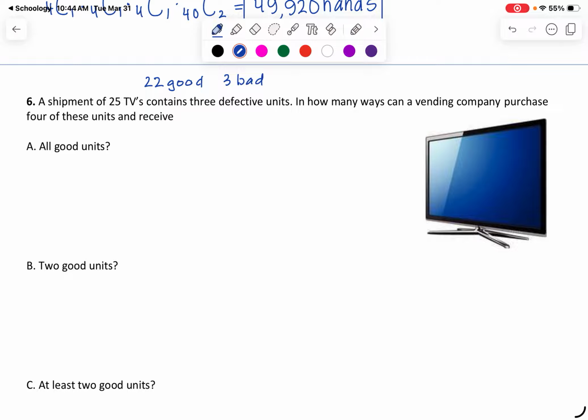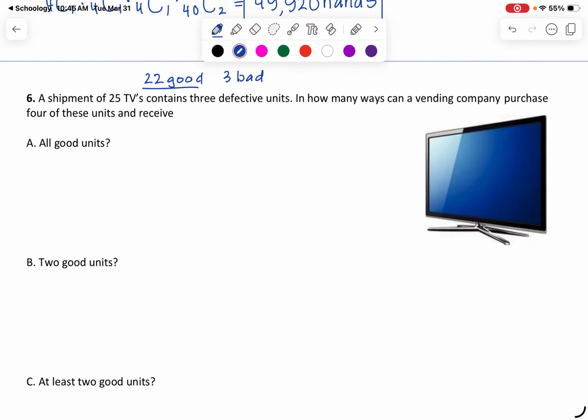How many ways can a vending company purchase 4 of these units and receive all good units? There's 22 good, and we're purchasing 4, so 22 choose 4, and the order doesn't matter. It's just 4 good TVs.